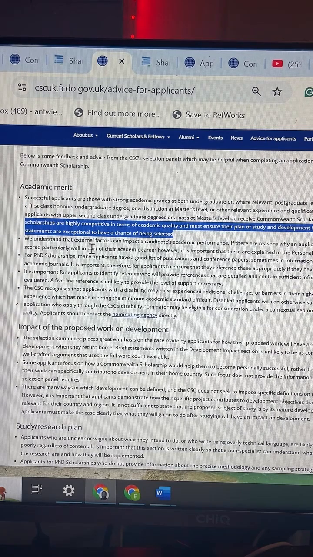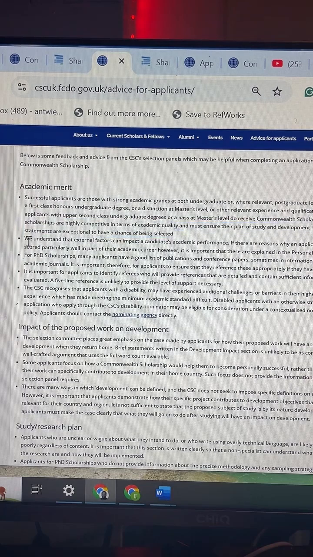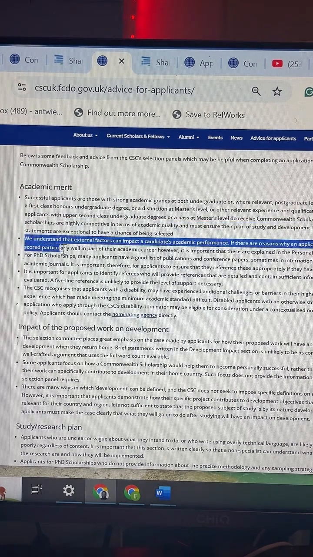So looking at all the eligible countries that we looked at, there will be thousands of applications from all of these countries. And so to be selected for this scholarship, it means that you've made sure you've proven to them that you actually deserve it. So that's the reason why we are looking at all of this information to guide our application, and exactly how I went about my application and got the fully funded scholarship.